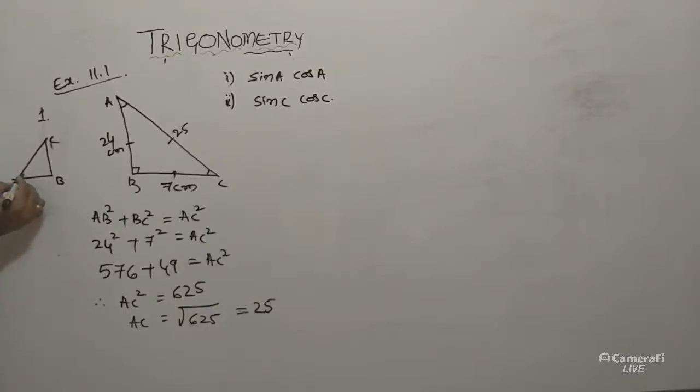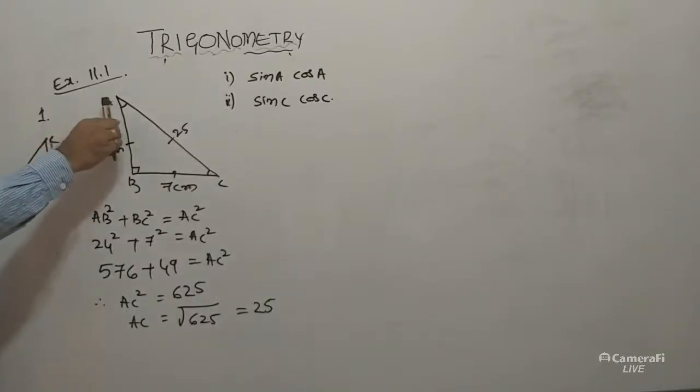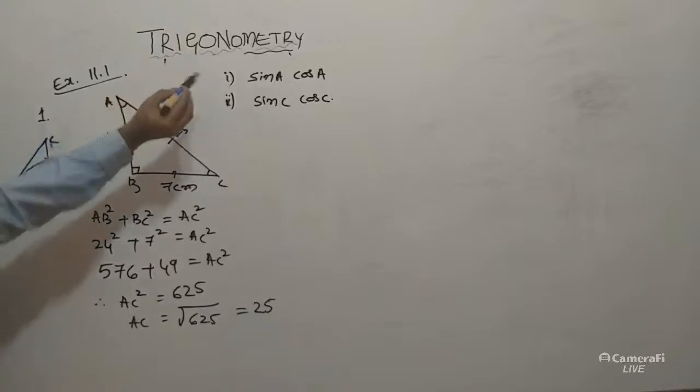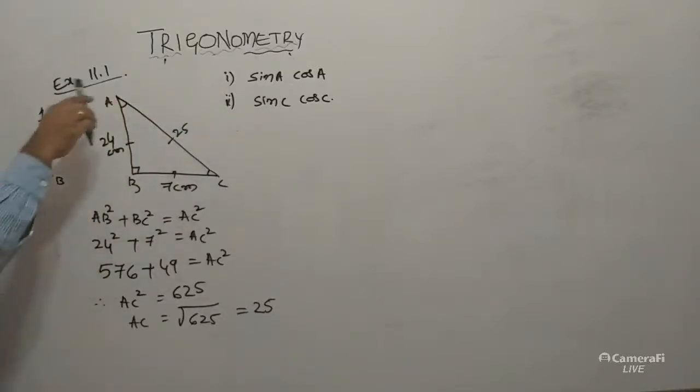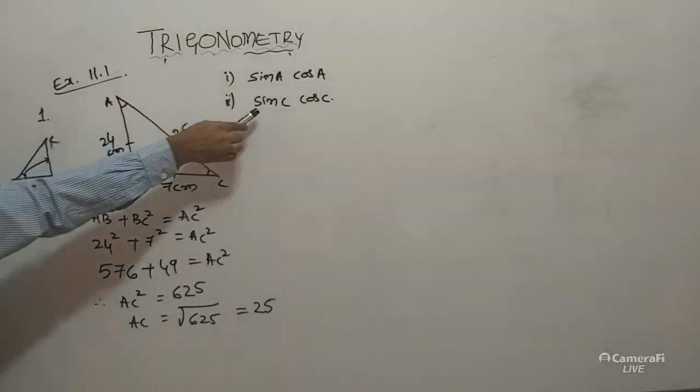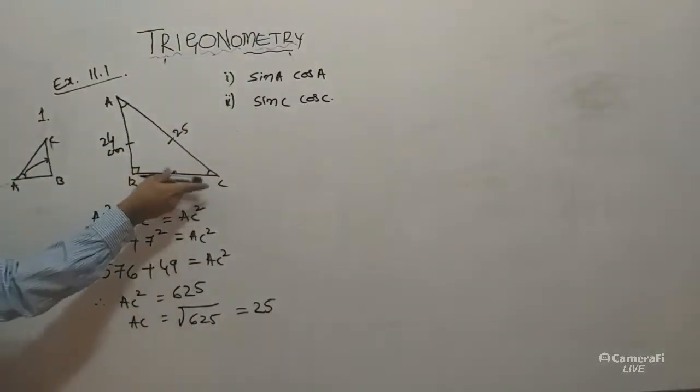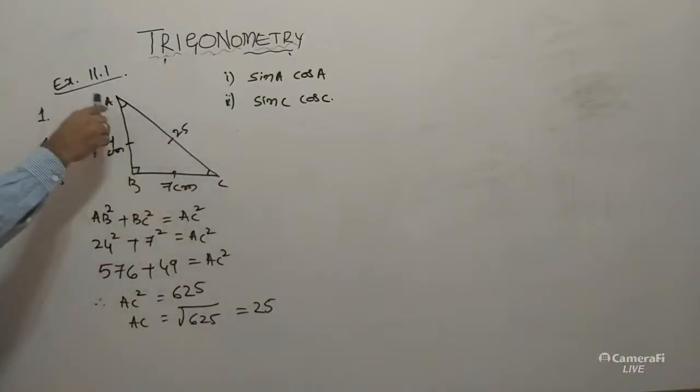If it is the base angle, its opposite is BC. AB is the base side for angle A, because the question is sine of angle A, then its opposite is BC. Similarly, when it is sine of C, then the base is BC, and its opposite is AB.